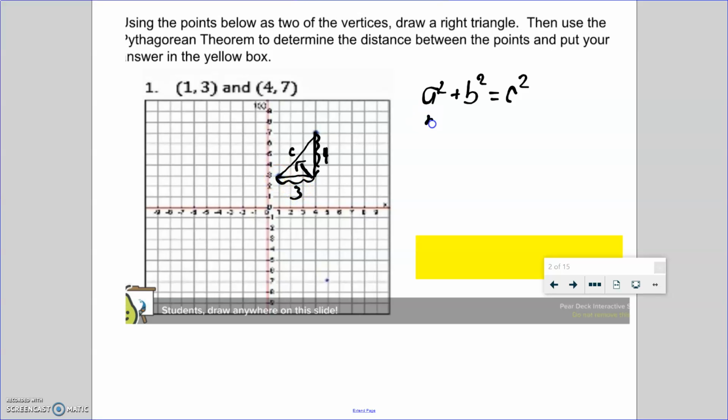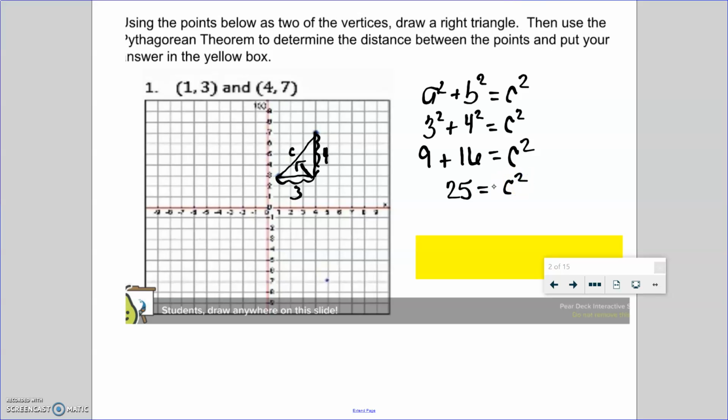So we have 3 squared plus 4 squared is equal to c squared. Okay, so 3 squared is 9 plus 16 is equal to c squared. So 25 is equal to c squared.